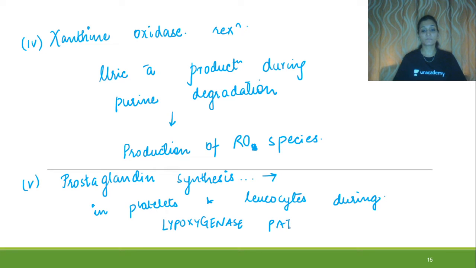So this was the fifth way through which reactive oxygen or free radicals are produced.